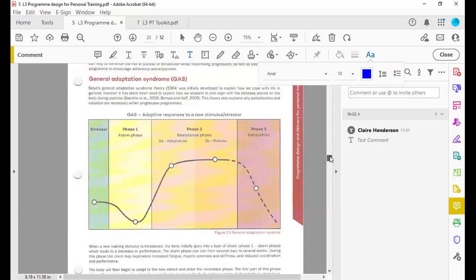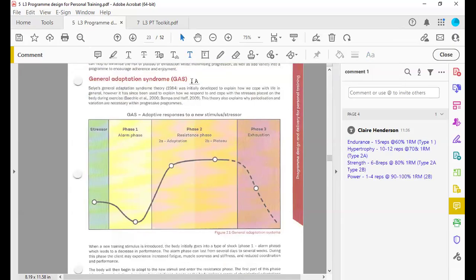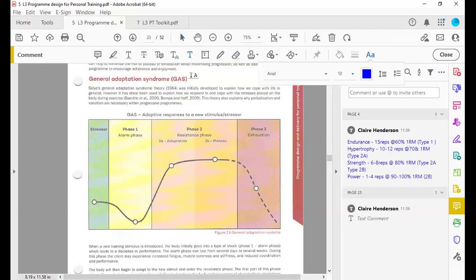Essentially, this can be referred to also as the SAID principle. So your job with your 12-week plan is to ensure that you're applying the SAID principle, so specific adaptivity to imposed demand.